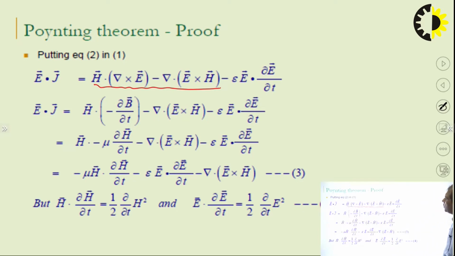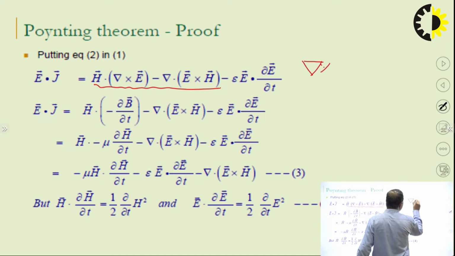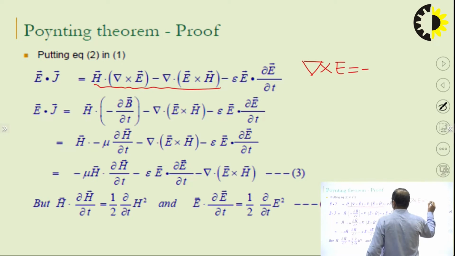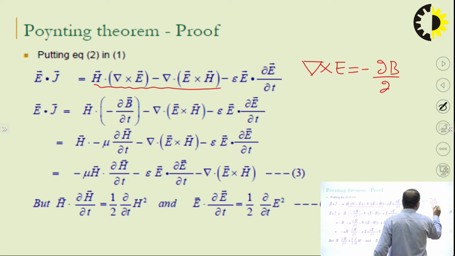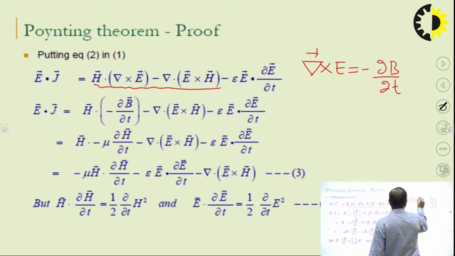So according to Maxwell's third equation, all of us know the curl of E. What is Maxwell's third equation? This is del cross E is equal to minus dB over dt. So this is our Maxwell's third equation.